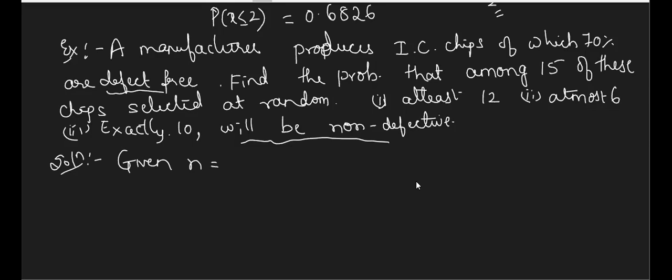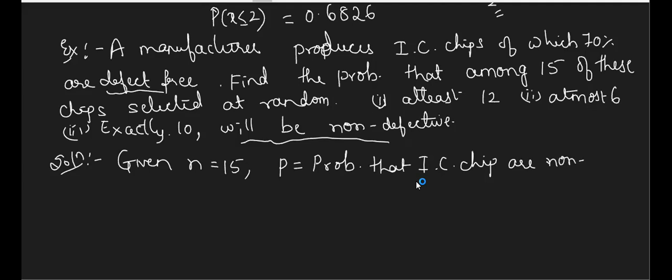15, ma'am. 15 in this case, right? So here 15. What is P here? P is the probability that IC chips are defect free, or you can say non-defective. Am I right? This is the success here. Being non-defective is success.